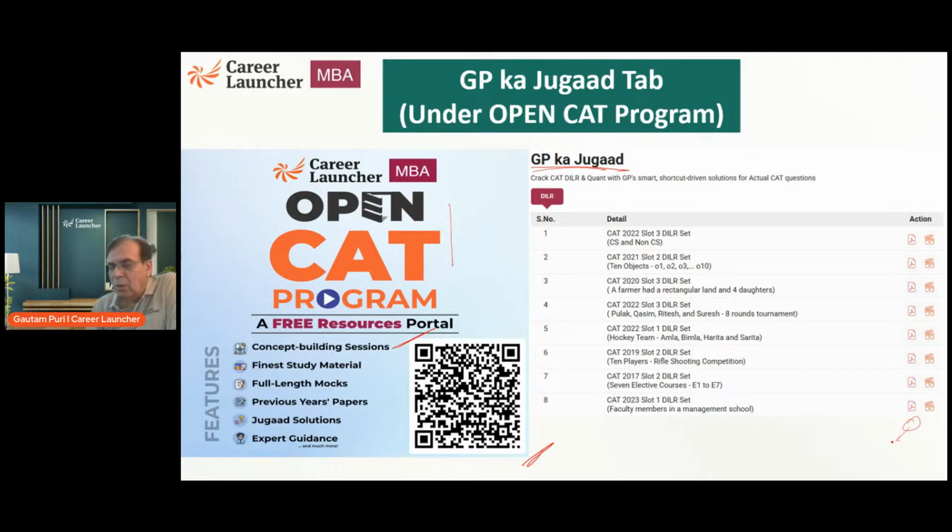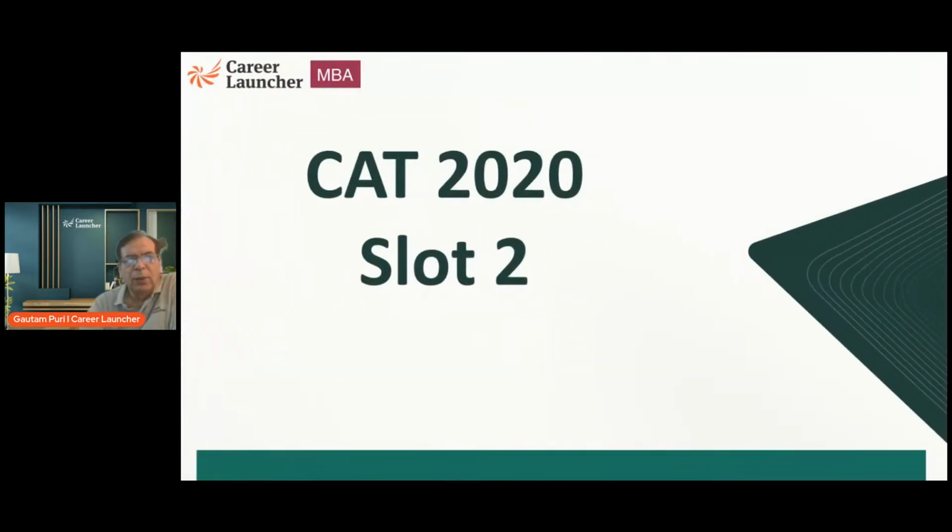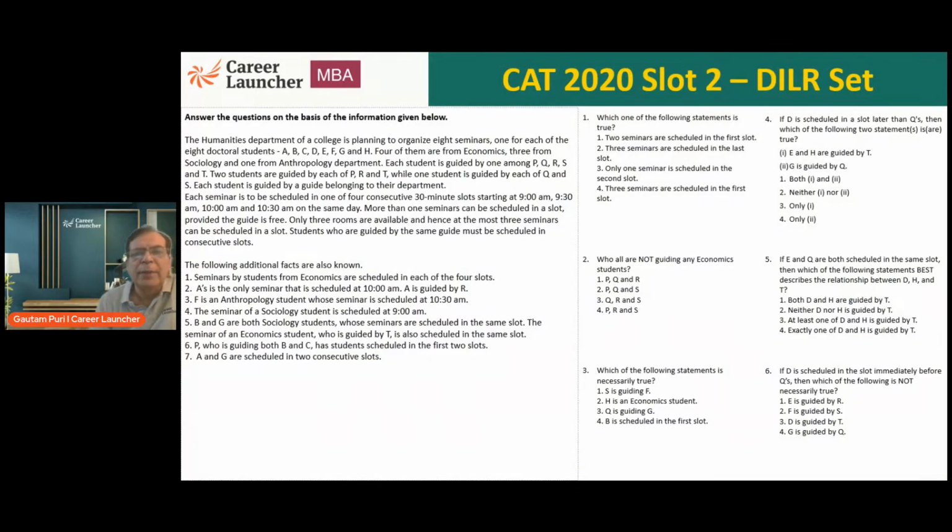Please download it, switch off this particular session, close the session for yourself. Don't go through the session, download it, solve it yourself. And then you can come back and look at this particular session that we are conducting today. Okay. So we are looking at this particular set from CAT 2020, and let's get down to the set immediately.